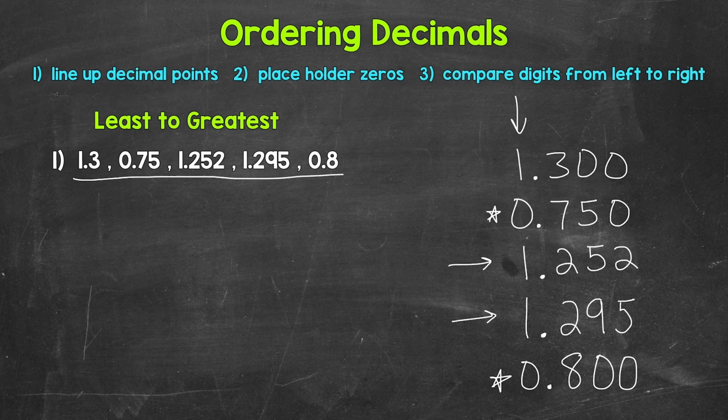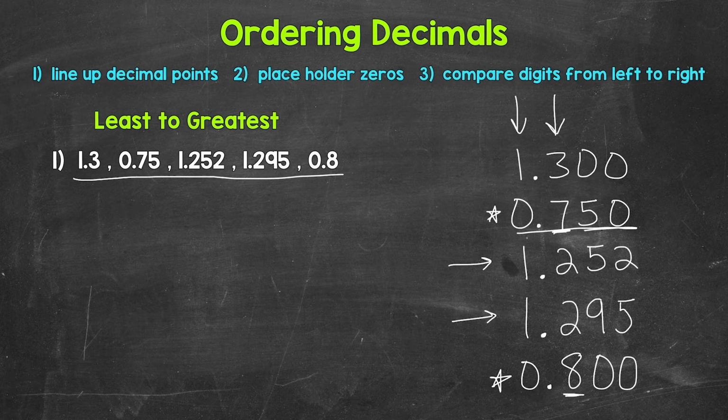Since those digits are the same, we go to the next place to the right to compare. That's going to be the tenths place. We have a 7 and an 8. So we're comparing the tenths place of those two decimals to see which is going to be the least. So having a 7 and an 8, we know that 7 is less than 8.